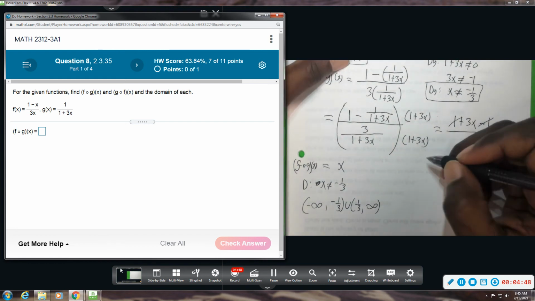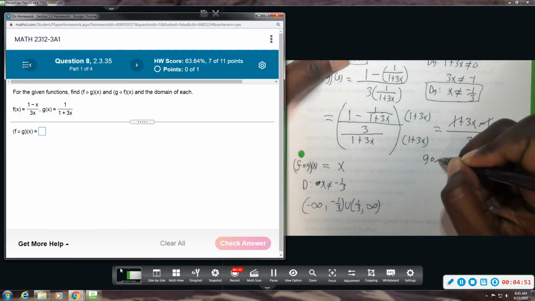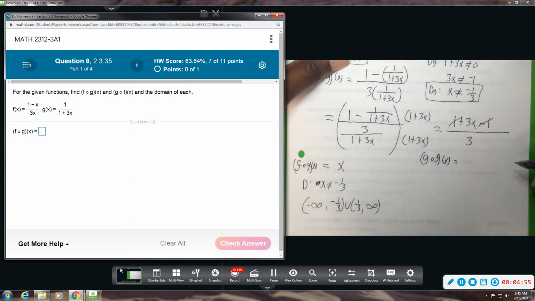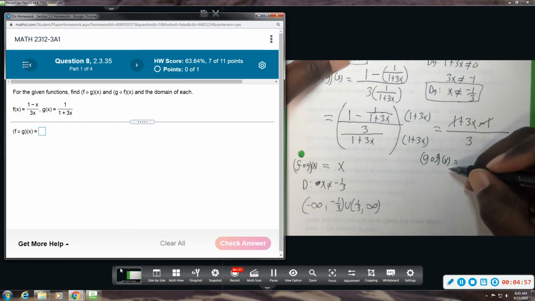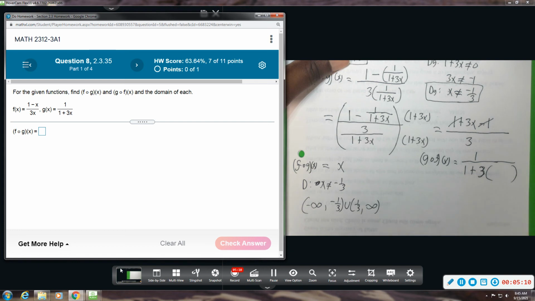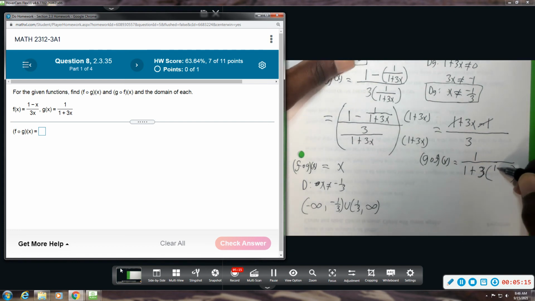And then we're going to do g of f of x. g of f of x, we start with the g equation this time, which is 1 divided by 1 plus 3 times x. And x will be replaced with the f equation, which is 1 minus x divided by 3x.